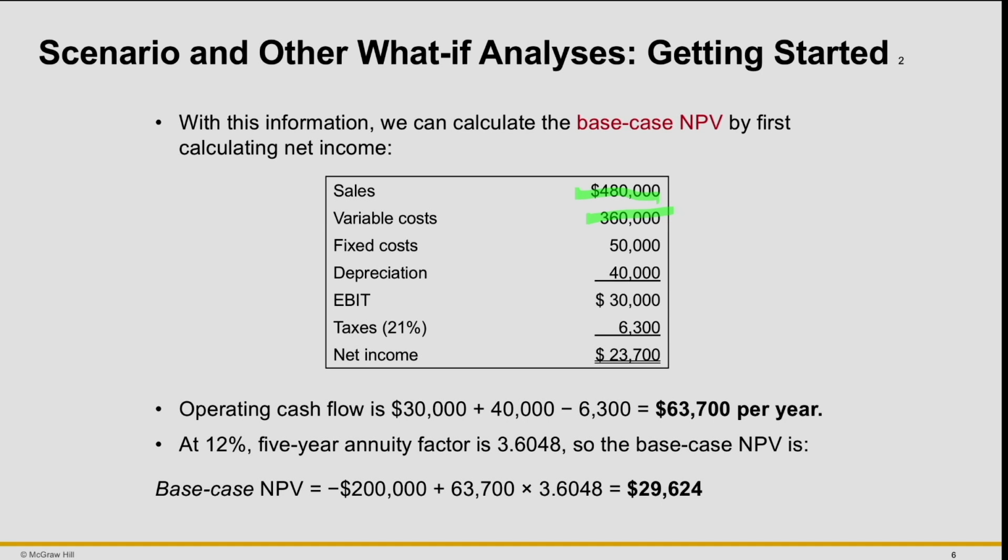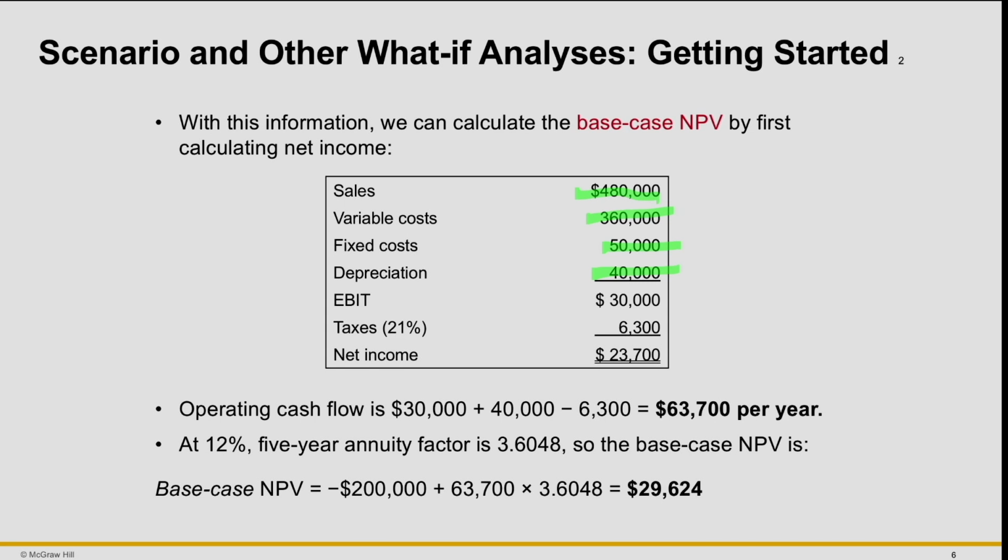We have fixed costs of $50,000. The other thing that we didn't mention, but you can easily compute from the cost of the project, is that we have a $200,000 cost and we're using straight line depreciation. It's got a 5-year life. So we just simply take 200,000 divided by 5 is going to give us $40,000 of depreciation each year.